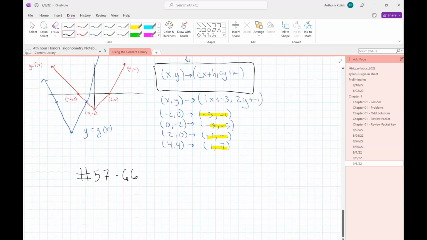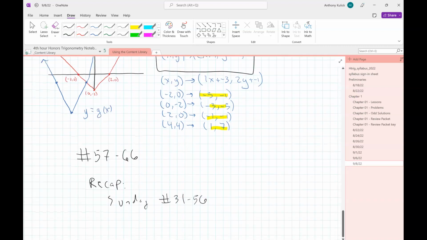Let's recap here. For Sunday, what I'm going to be looking for is 31 to 56. That's Sunday the 8th. Nope. Sorry, the 11th. Wrong date.